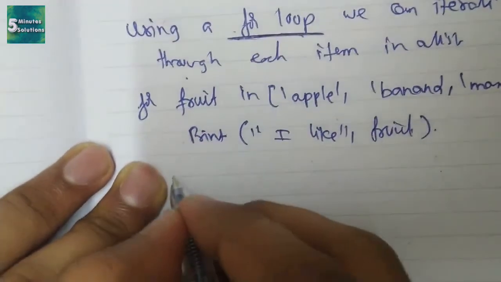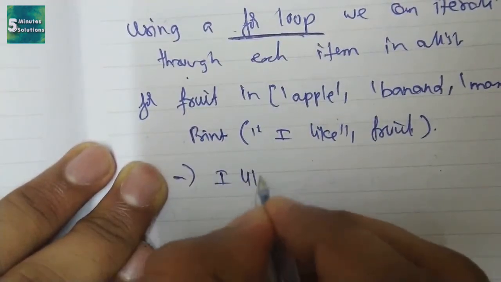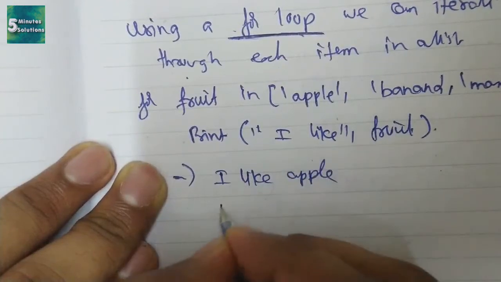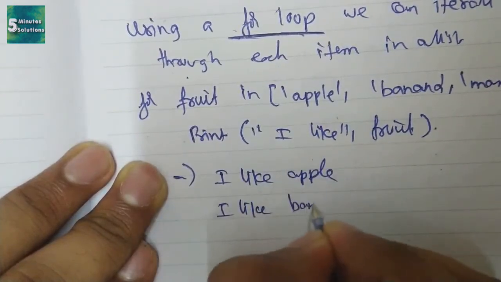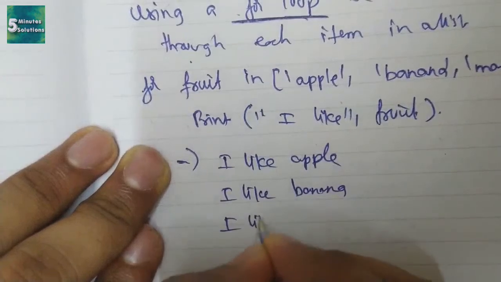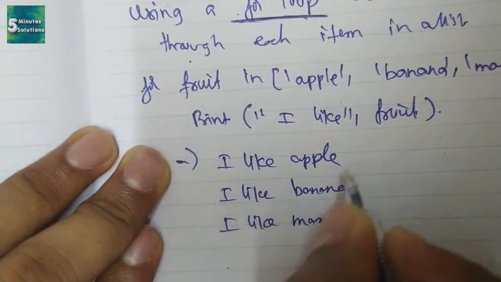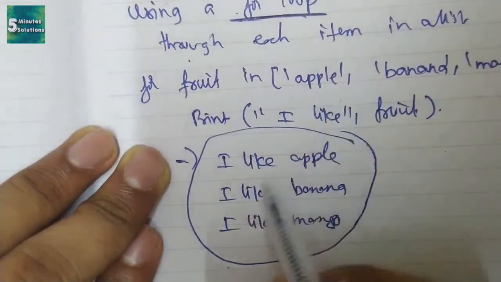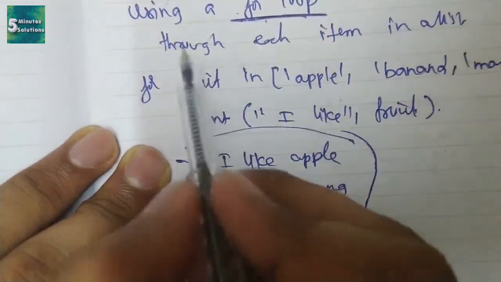Then it will give you the output as I like apple, I like banana and I like mango, because a for loop iterates through each item in a list.